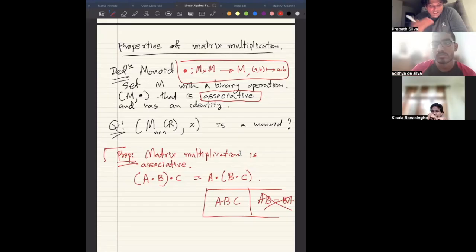And in here, for example, with matrices, you can think of this operation as the addition. Then it's going to be a monoid, and also we take the multiplication.